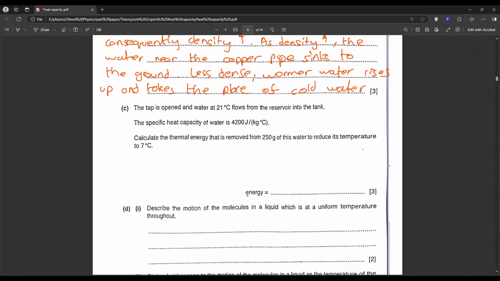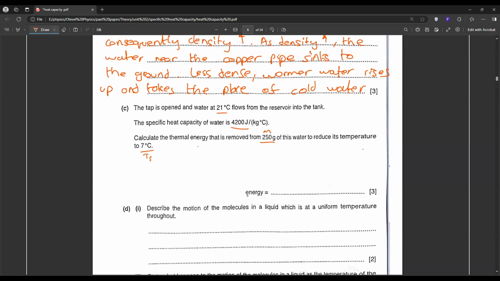The tap is open and water flows at 21 degrees centigrade from the reservoir into the tank. The specific heat capacity of water is given. This is your initial temperature. Calculate the thermal energy removed from this mass of water to reduce its temperature to 7 degrees centigrade. Q is equal to mc delta T. What is your mass? 250 grams.